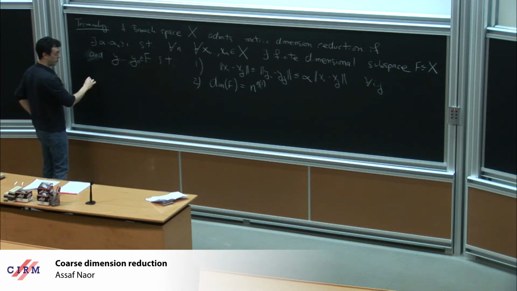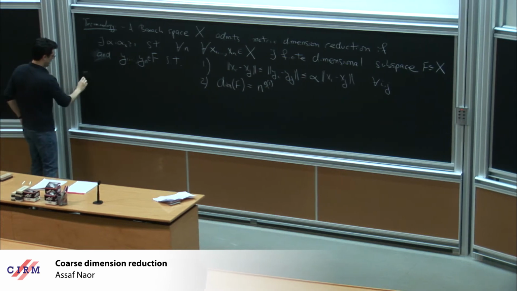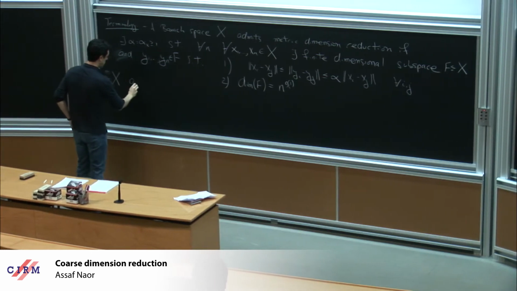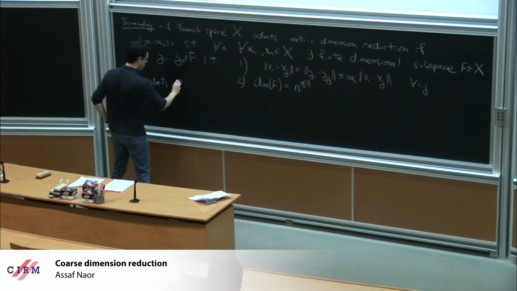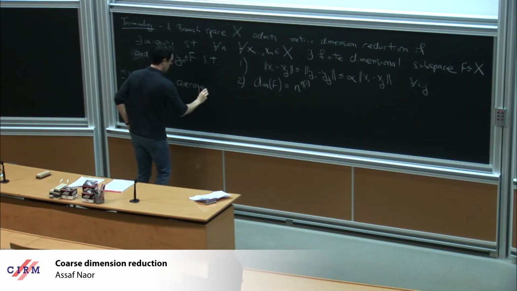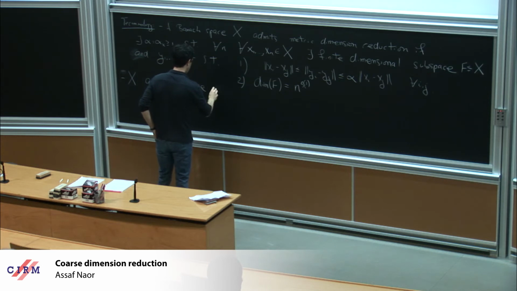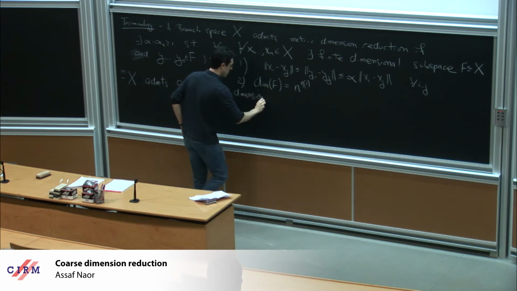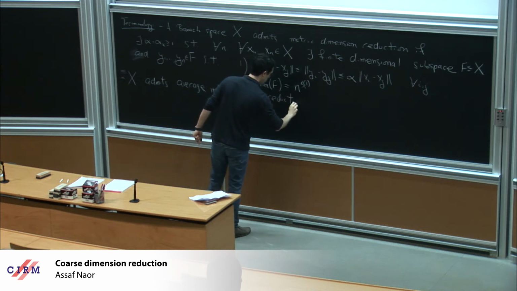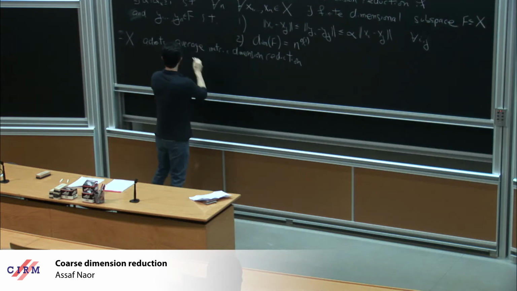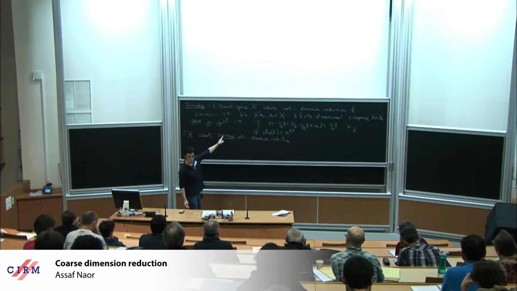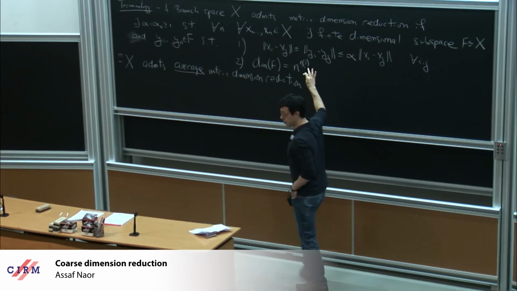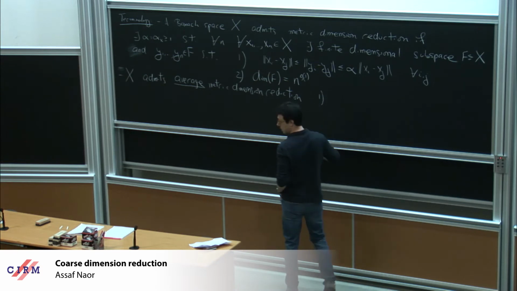And then maybe that's another terminology, that X admits average metric dimension reduction if, with the same quantifiers, the conclusion is that we want this to hold on average. So we ask for much less.